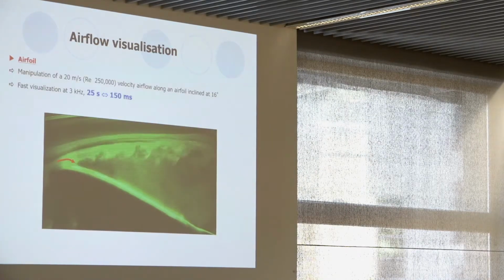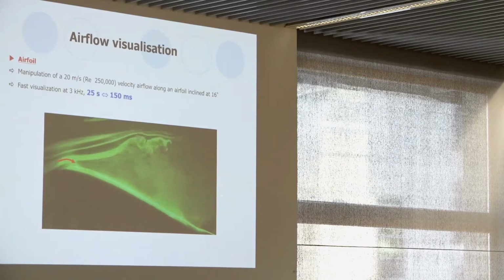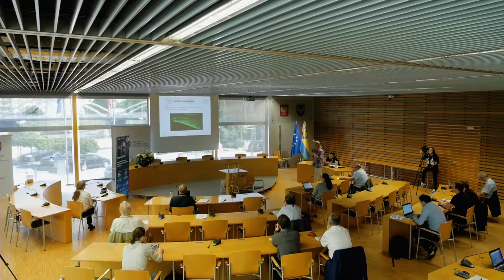A more recent video, here we have a profile as a wing. It is inclined at 16 degrees, so at such an angle, the airflow detaches from the leading edge of the profile, and in aerodynamics that produces a decrease of lift.